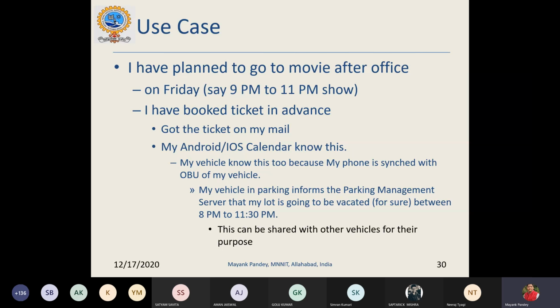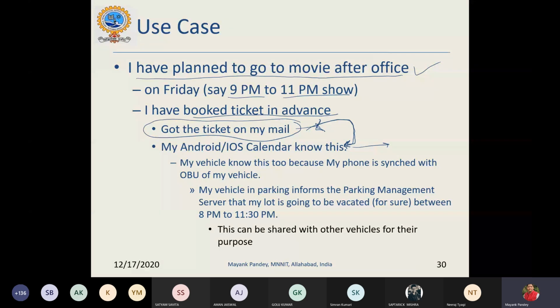So this is the use case. Suppose I have planned to go to a movie after office, say on Friday, 9 p.m. to 11 p.m. show. I have booked the ticket in advance and got the ticket on my app or email. That app or email has permission to update my calendar. So my Android and iOS calendar knows this, that on Friday 9 p.m. to 11 p.m. I'll be going to watch the movie.